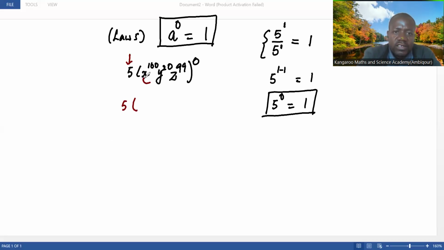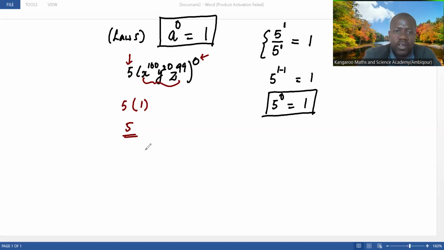Look at this expression, x to the power of 100, y to the power of 20, z to the power of 99; it's raised to the power of 0. We know that anything raised to the power of 0 is just 1. So the final answer is just 5. Very important, guys.